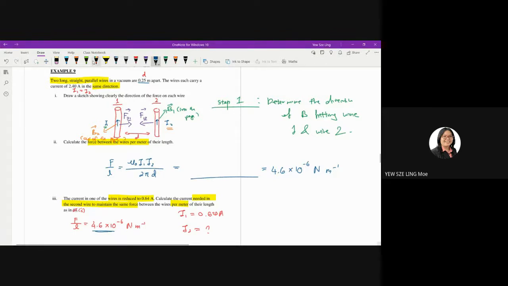And then how about all the other variables? Like I told you before, if it is not mentioned in the sub question, then you refer to the main question. The main question tells you D is still equal to 0.25 meter.